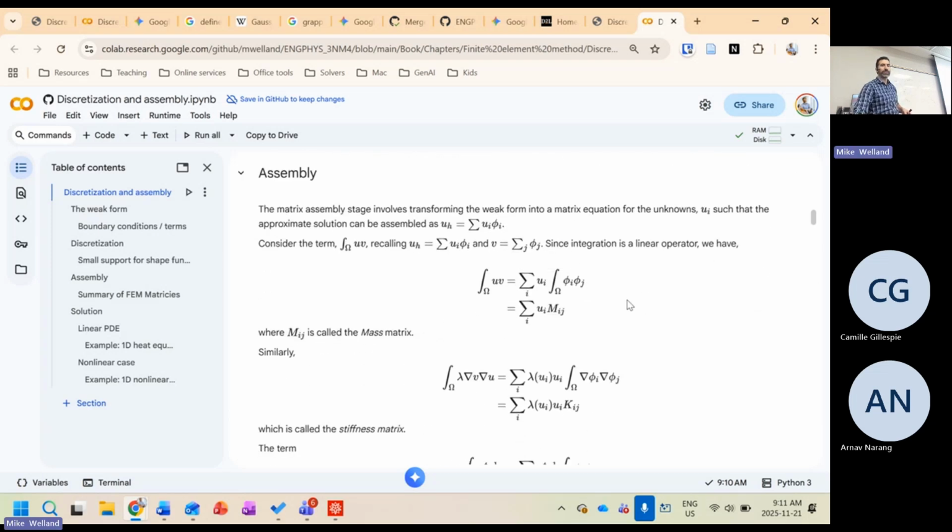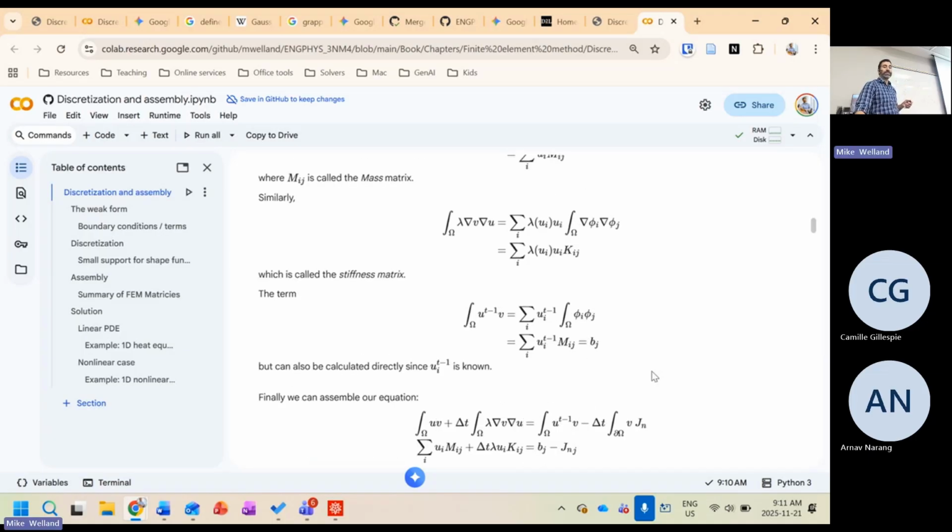My M matrix is an integral of shape functions over everything, right? Does that change with time step? No. So your mass matrix, as is, you don't have to reassemble every time. You can do it once at the beginning of your time loop and then just apply it over and over and over again.